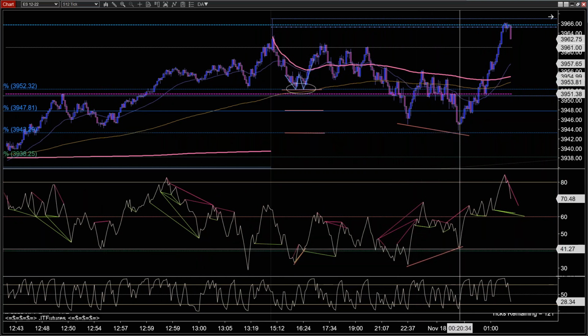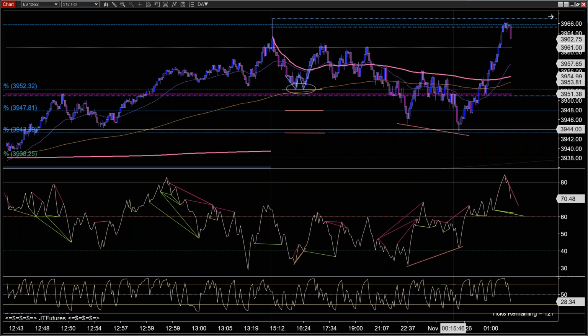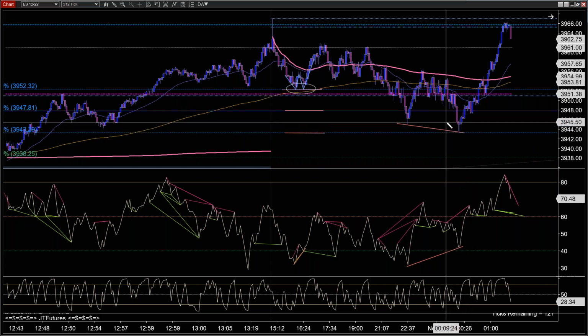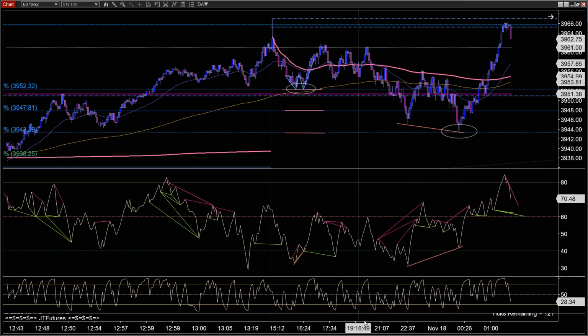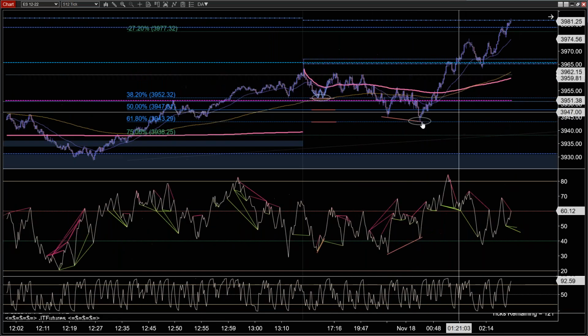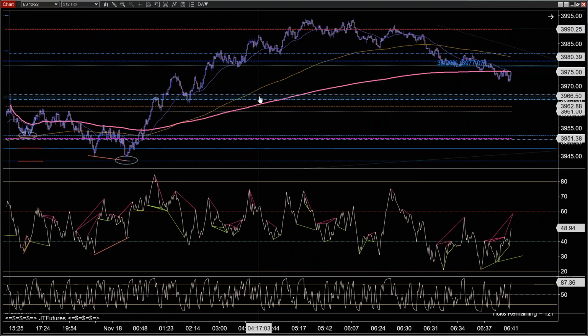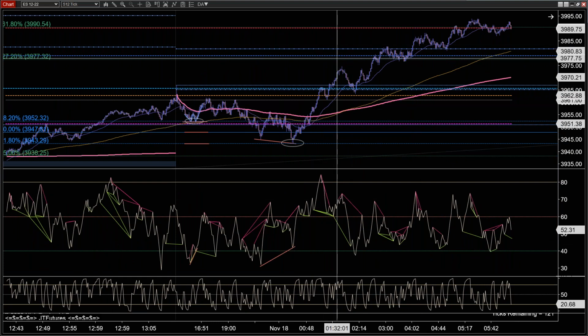Significantly higher low on the RVI indicator, significantly lower low on price. And we were right at that beautiful little area that would make sense to hold. And sure enough, got a beautiful push throughout the overnight session, okay? So that's just one example using Fibonacci.